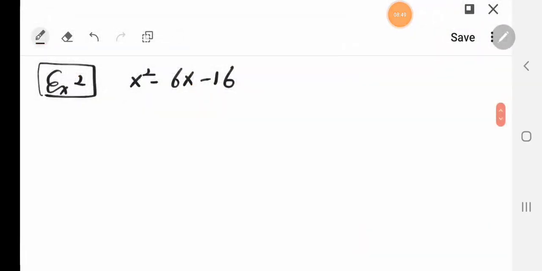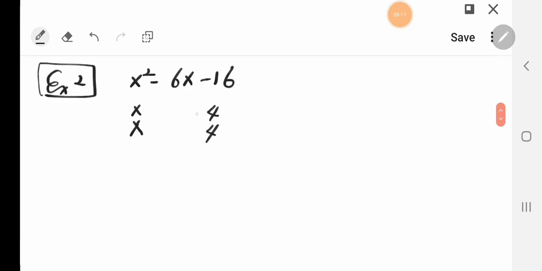Okay, example 2. X squared is always x times x. 16, this is negative 16. So 16 can be 4 times 4 or 2 times 8. So let's try this time something that does not work. So let's try 4 times 4. And one of them has to be negative sign.